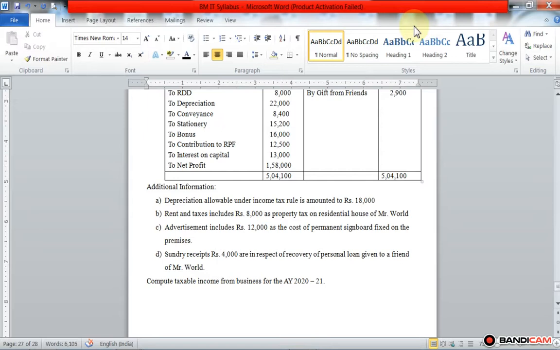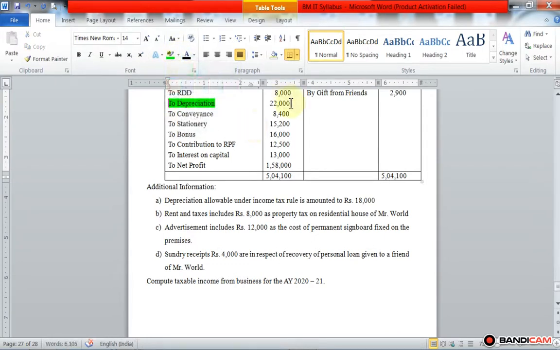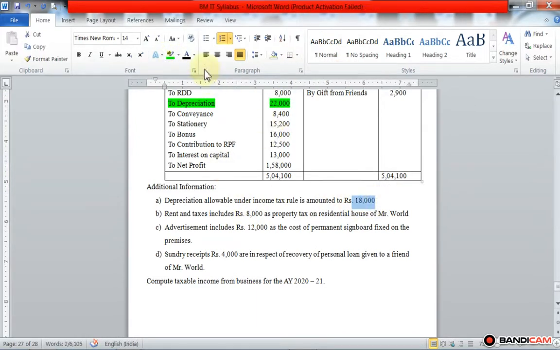In the profit and loss account we find the depreciation. The amount of depreciation is rupees 22,000. It means allowable depreciation is rupees 18,000 and depreciation charged on the debit side of the profit and loss account is rupees 22,000.